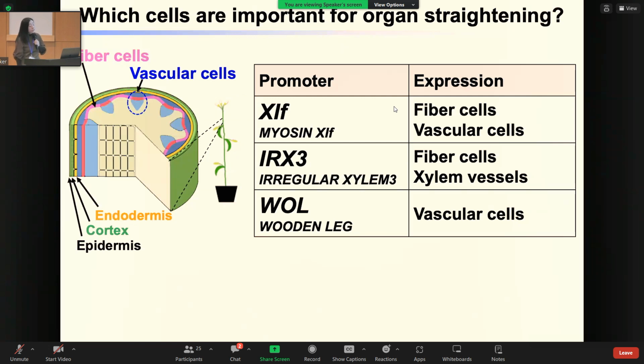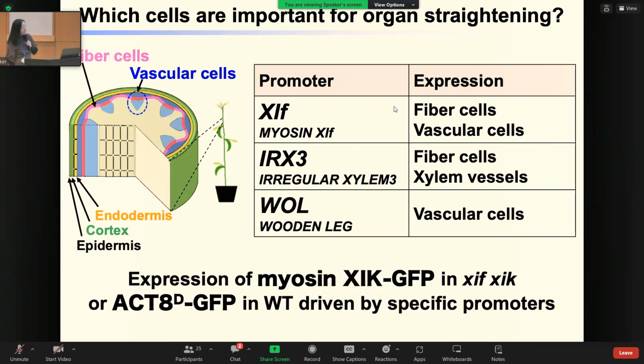We produced transgenic lines that expressed myosin 11K GFP in the myosin mutant, or a dominant negative form of actin-8 protein fused to GFP in wild type, driven by each of the three promoters. Straightening ability of these transgenic plants was assessed by clinostat tests.